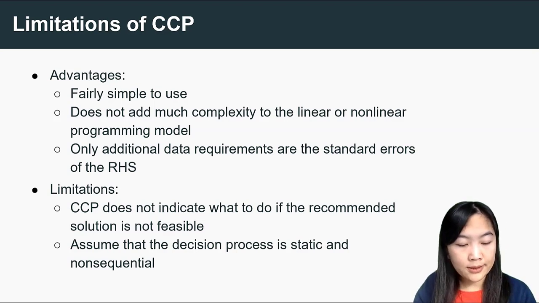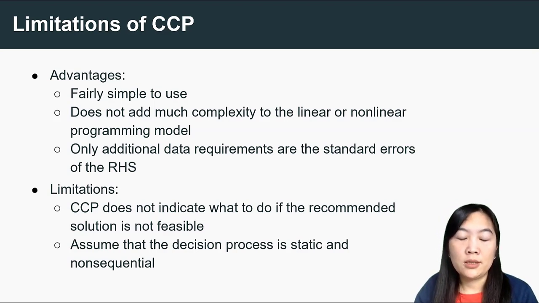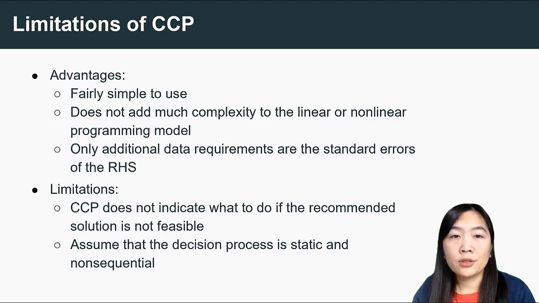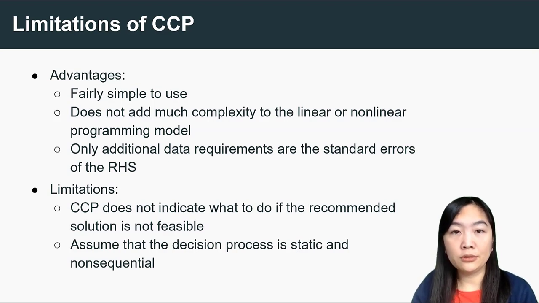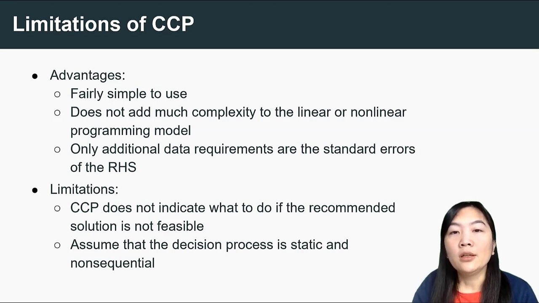And I do want to mention that there are advantages of CCP and there are also limitations here. So in general, as I have shown you, the CCP method is fairly simple to use. Once you decide your Z alpha value, then you can do a linear programming problem.